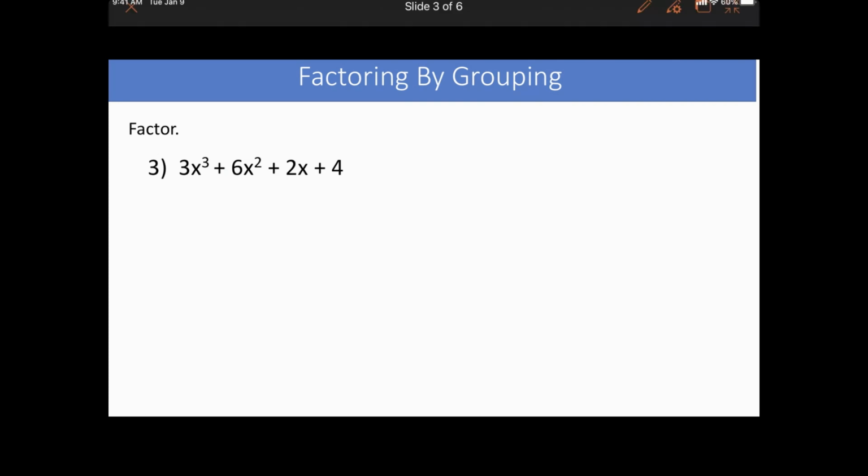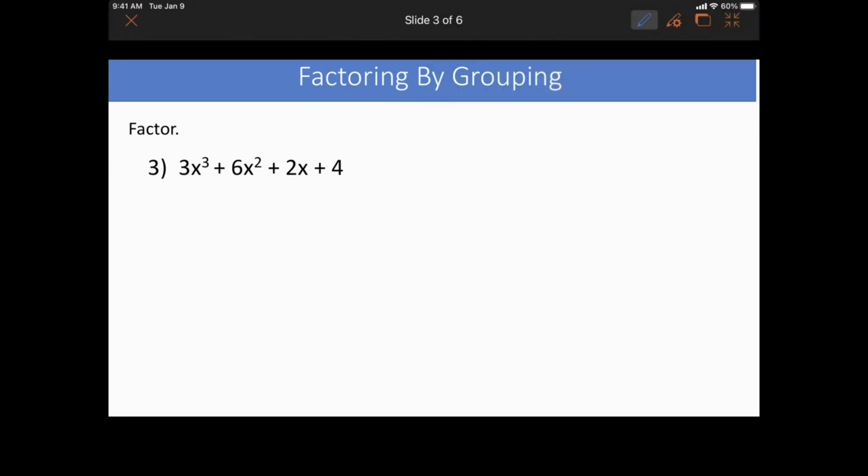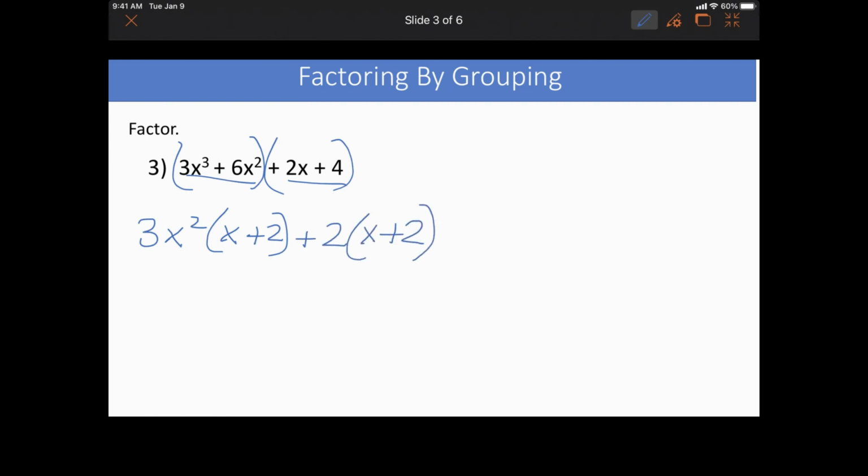All right, so let's group. Just an expression before we do polynomial functions. It's called grouping for several reasons. One, because we group. So you're going to group these first two, and you're going to group those two. Now we've already done that. This is the same as number 1. So here I'm going to take out a 2 and divide, and we get that. What do we notice? It looks like these are the same.